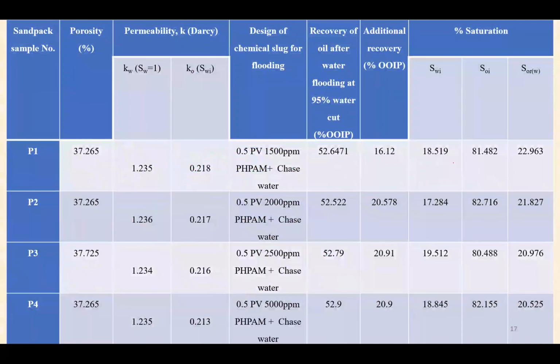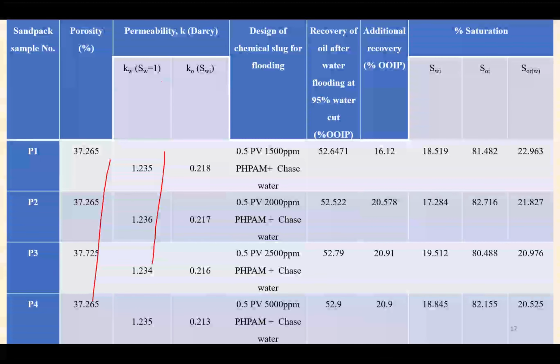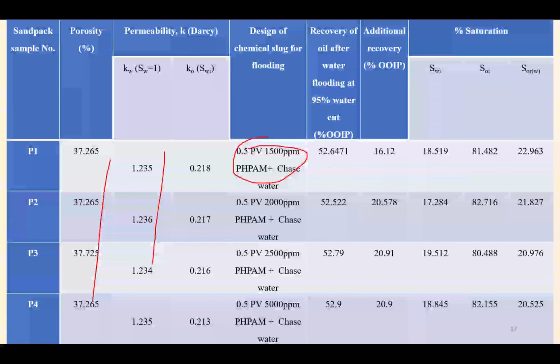Here these values are given, the different parameters: this is the porosity, this is the permeability at initial, that is when Sw equals 1, and this is the relative permeability to oil at initial water saturation, and these are the composition of the polymer.